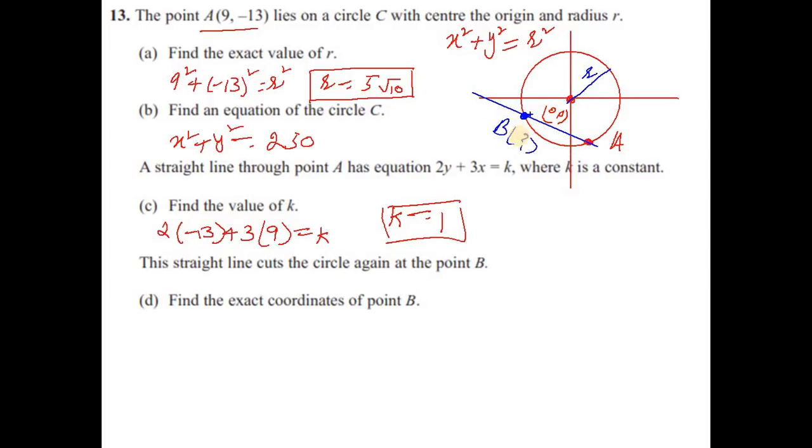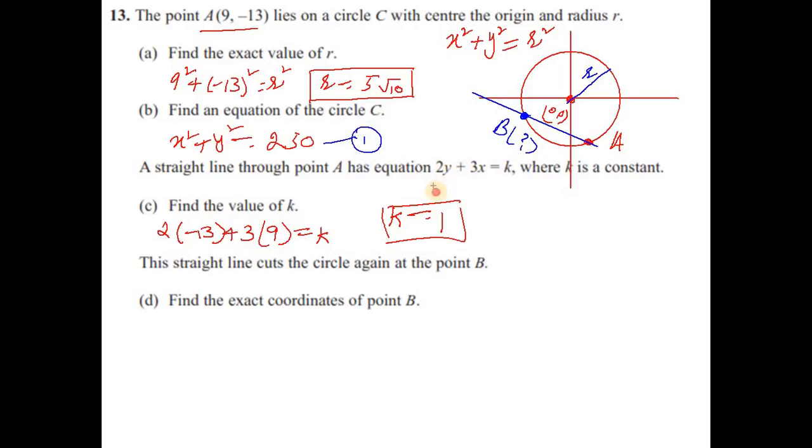So point B is the point of intersection of the line and the circle, and the point of intersection is found by solving simultaneously the equations of the two curves. In this case, the equation of the line and the equation of the circle. The equation of the circle is x squared plus y squared equal to 250. This is my equation number 1.